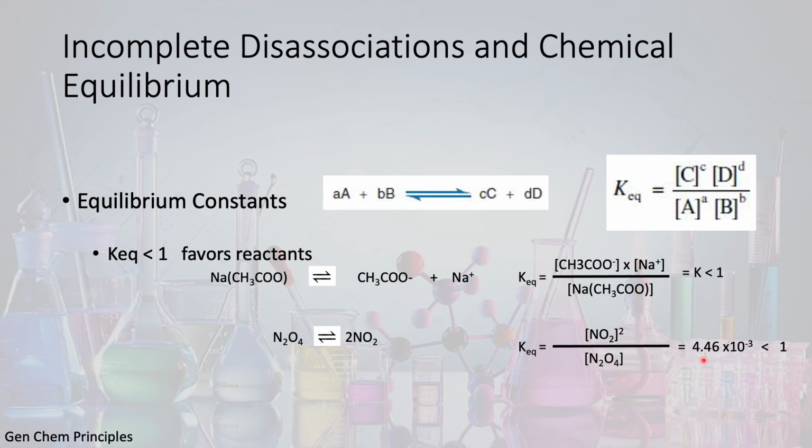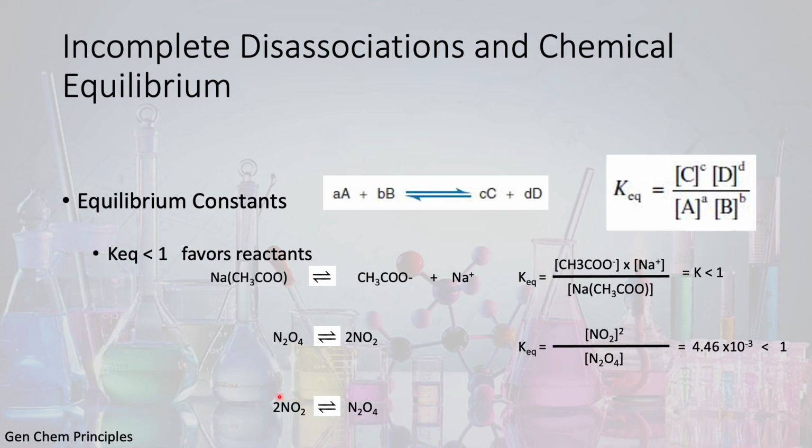Numerically, at room temperature, the K_eq for this reaction is 4.46 times 10 to the negative third, which is much less than 1. So this reaction at room temperature favors the reactants, similar to our example up here with sodium acetate. Now, because this is a chemical equilibrium reaction, what if we flip our expression around?